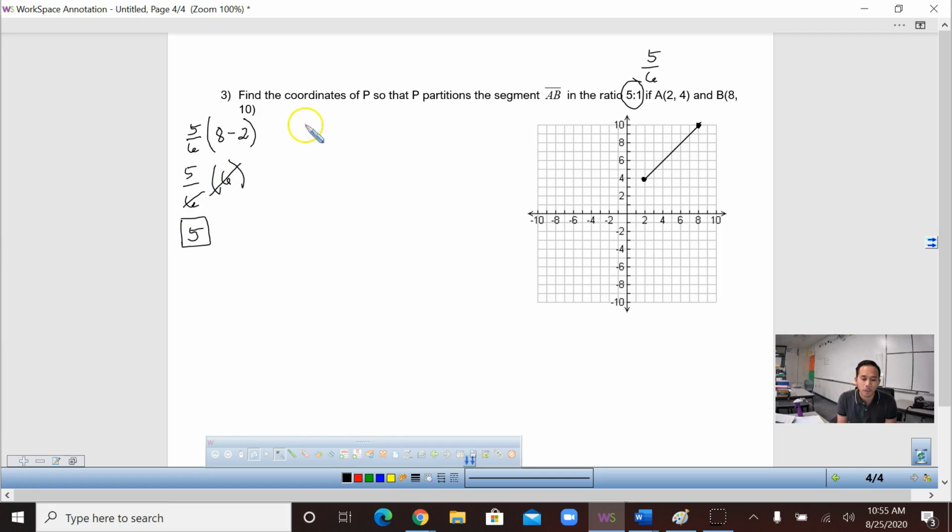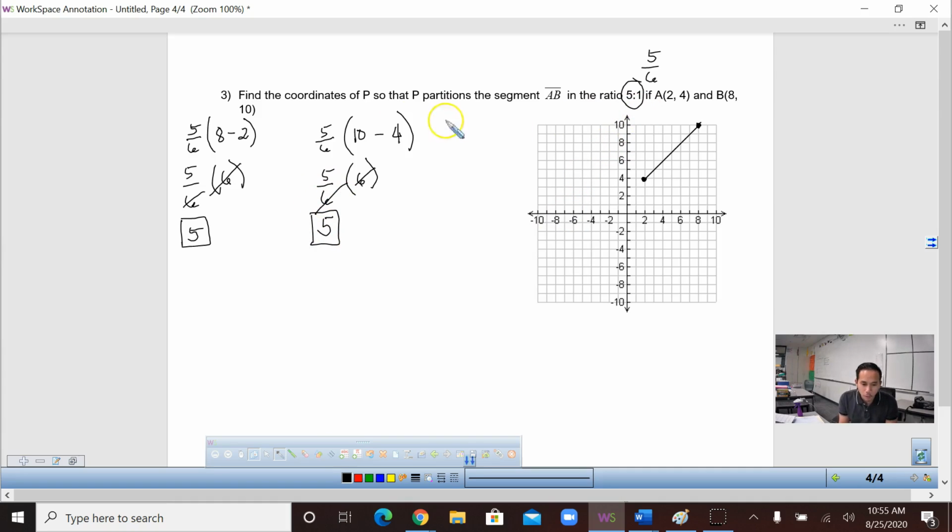The vertical change would be 5 over 6 multiplied by 10 minus 4, which is 5 over 6 times 6. Interesting, it will still give you 30 divided by 6, which is 5. So we'll be using a 5 for both.